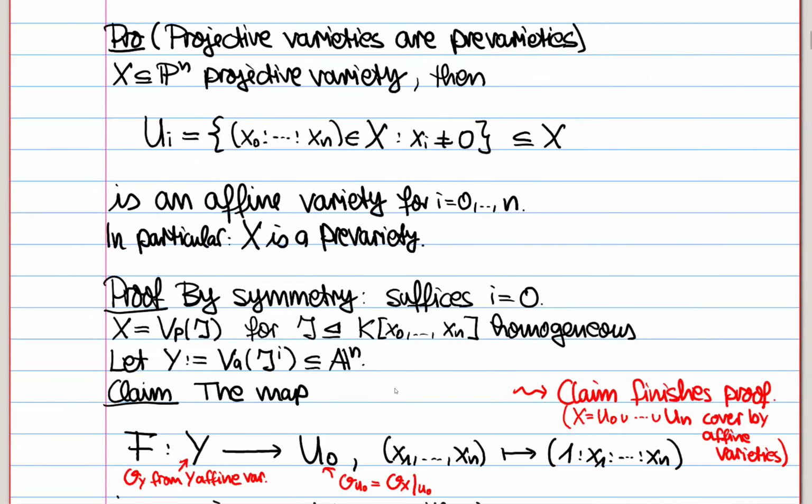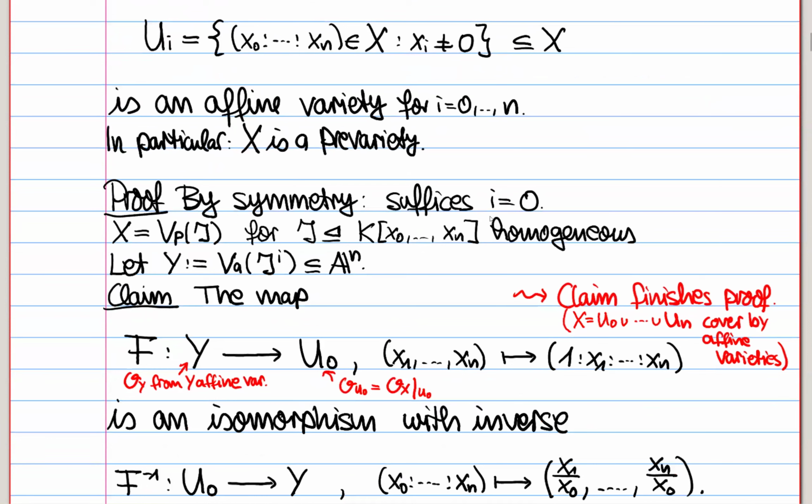And so for the proof, by symmetry, it suffices that we just check the case i equals 0, the other coordinates are similar. And then let's give everything names. So let's say X is the projective vanishing locus of a homogeneous ideal J. And we define Y to be the affine vanishing locus of the dehomogenization of this inside A^n.